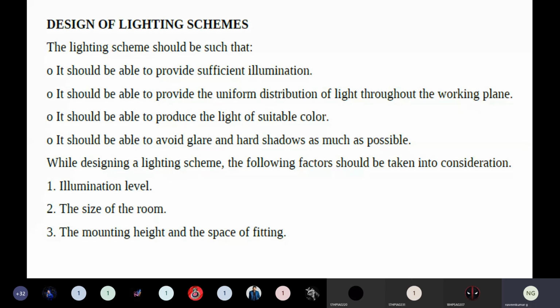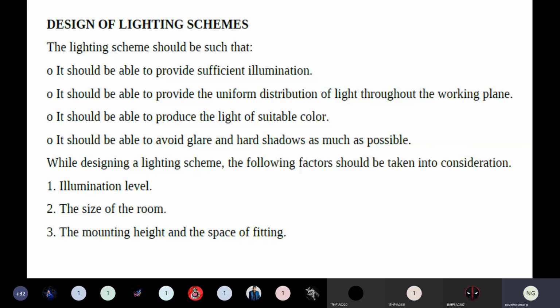So a lighting scheme should provide sufficient illumination, with a uniform distribution of light wherever the light is being fitted. We may want a bright white light, a dark light, a yellow light, or a green light.